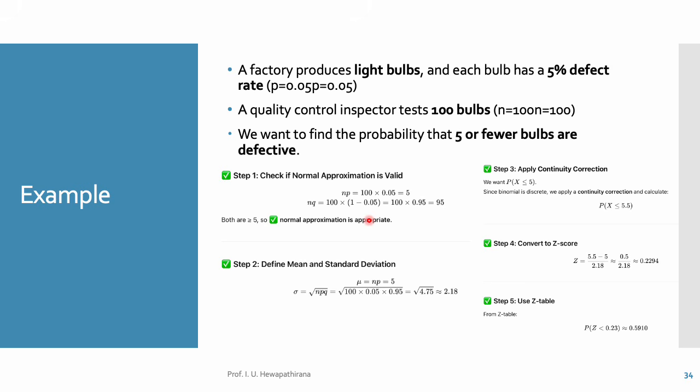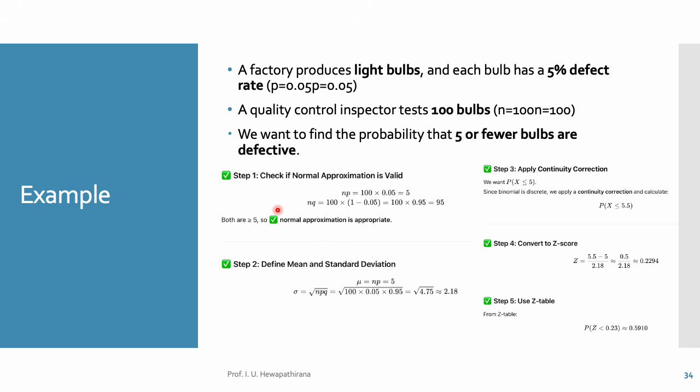Because you can see n is very large, you can check whether you can apply the normal approximation to the binomial distribution, because it is easy to do the calculations. So let's check. Now we want to know 5 or fewer bulbs are defective. Being defective is our success, so the probability of a success is 5%.